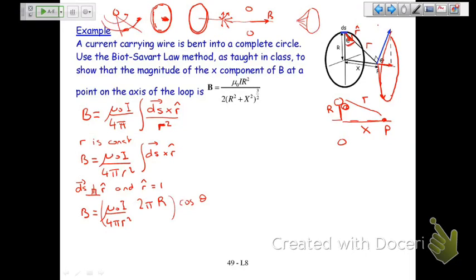If that's the angle there, that's the angle there. Little angle, so big angle, little angle, big angle. So, agreed? Bit of geometry there?